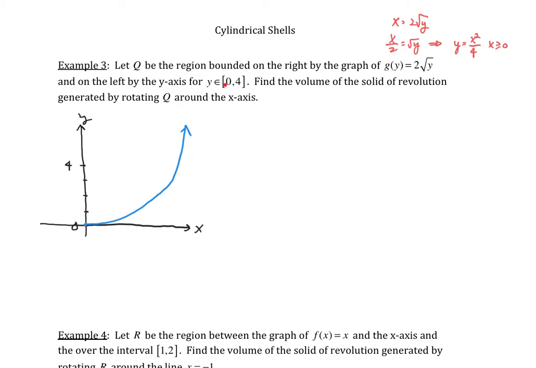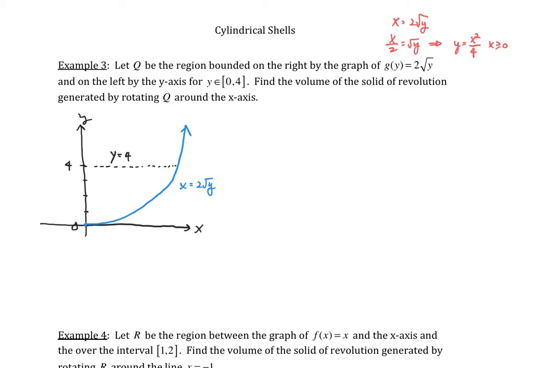I want to label my bounds. So we're bounded from below by y equal to 0 and bounded from above by y equal to 4. So y equal to 4 looks like this line right here. This is y equal to 4. My blue curve was x equal to 2 times the square root of y.